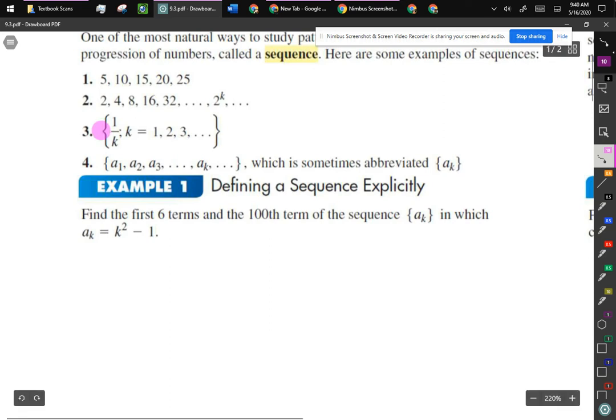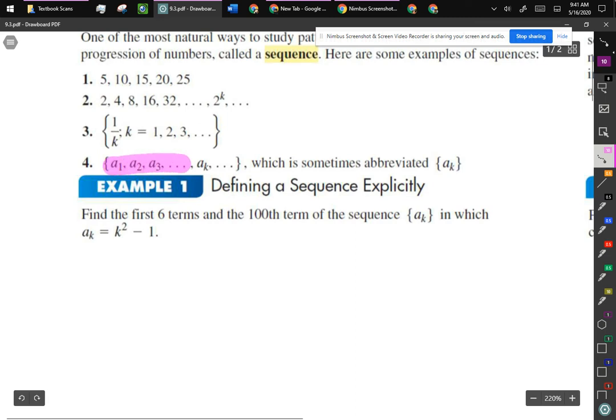Similarly here, I can define it like this, where 1 over k is the definition of each kth term, and it's saying k would be for 1 to infinity. So this set notation here would represent 1 over 1, 1 over 2, 1 over 3, 1 over 4, and it would go on to k approaching infinity. So that's an infinite sequence there.